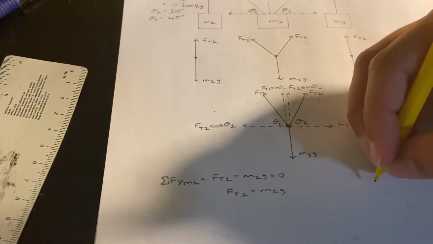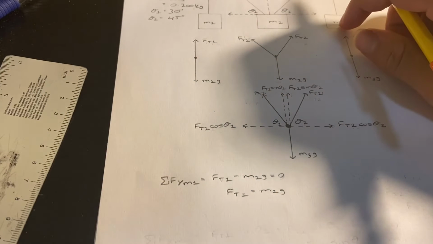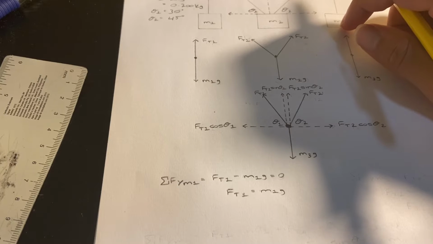Speaking of which, we will now solve for M2. Since there are forces in both the x and y directions, we will have to write two equations, one for each direction. We will start with the forces in the x direction.